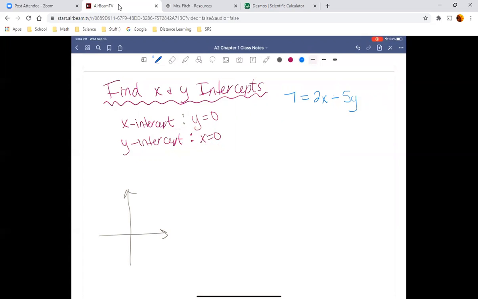So if I want to find the x-intercept, I know that my y value is going to equal 0. So I'm going to take my equation and guess what I'm going to put in for y? I'm going to put in 0.